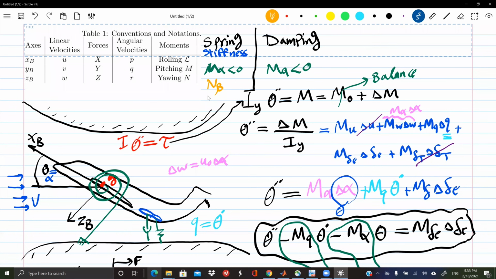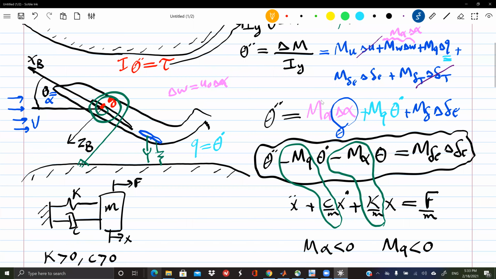So this is N beta. And what about here, L what? Also beta, yes. Remember, we don't have a third angle. This is just sign convention, but the underlying physics is the same. What's the underlying physics? All of these things are opposing the disturbance.